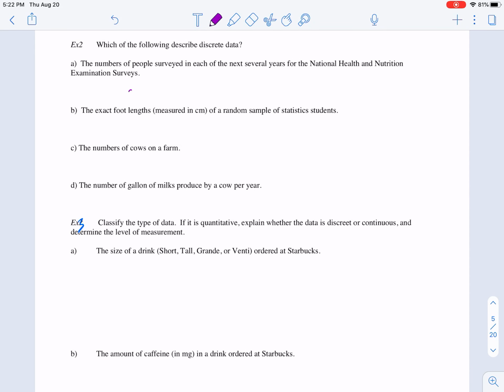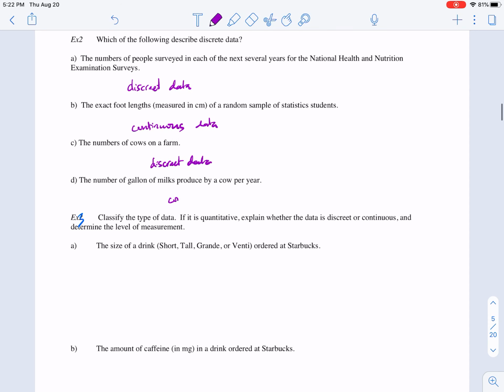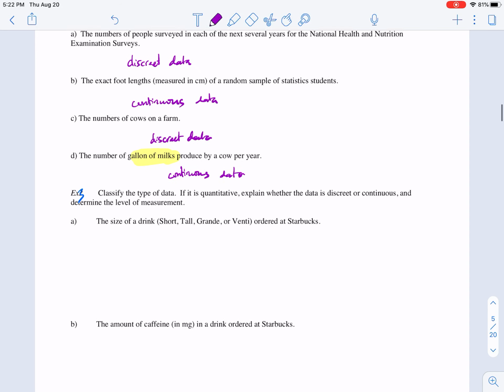So this is discrete data. We have continuous data, and then discrete data, and then here we have continuous data. Again, this has to do with the fact that we have to measure the gallons of milk that a cow produces in a year.